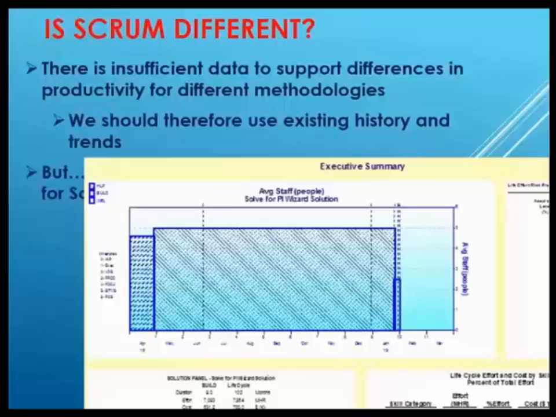But as of now, we're using existing trends for productivity and that kind of thing. Now the staffing level, like I said, they can tell us what the staffing is, and we can apply that. So hopefully that answered the question. I may not be the best person to answer this question, but we are working with this, and we're working through it.